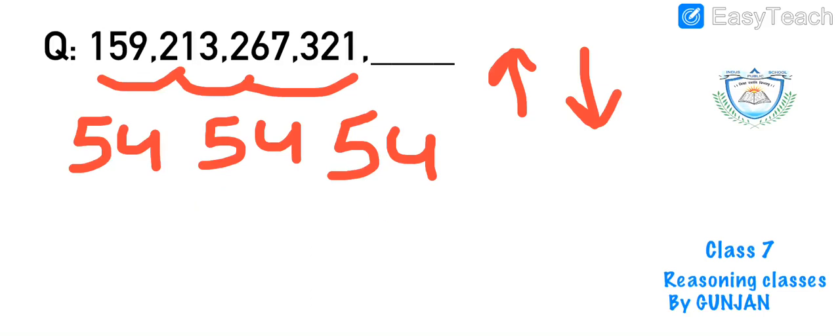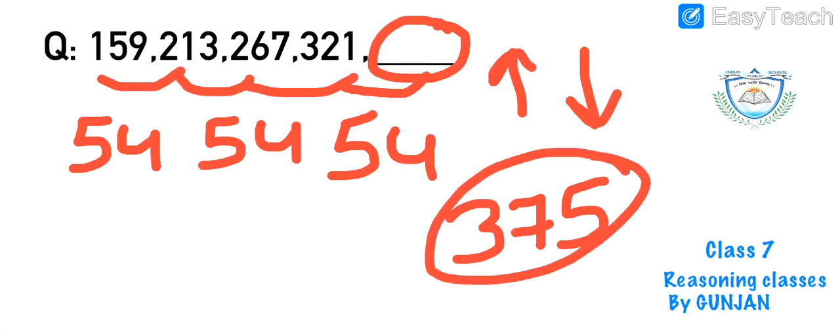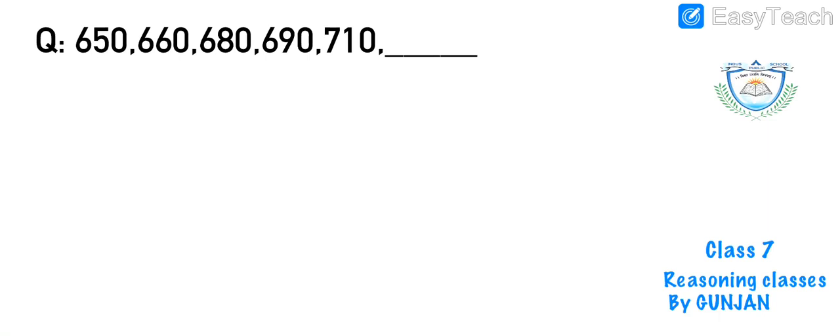The answer and 321 will have a difference of 54 only. So when I add 54 to 321, I'll get my answer as 375. Getting the question? Let's move ahead.